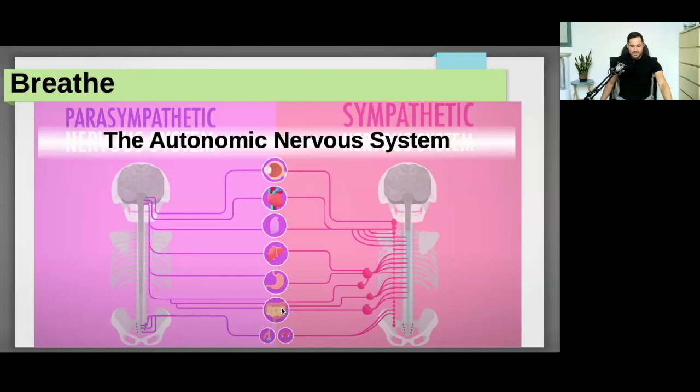And this autonomic nervous system has two parts. You can think of these two parts as the accelerator and the brake. So the accelerator is this sympathetic part of the autonomic nervous system, and this makes us get up and go when our body feels it needs to get up and go. So if you ever feel stressed, nervous, anxious, frustrated, angry, that's your sympathetic nervous system revving up your body.